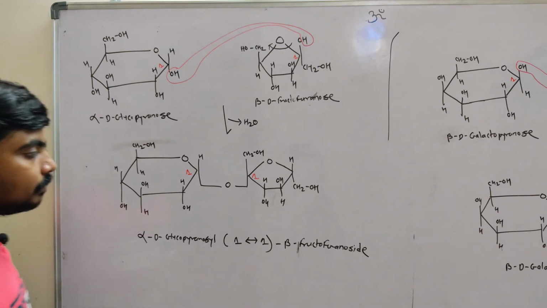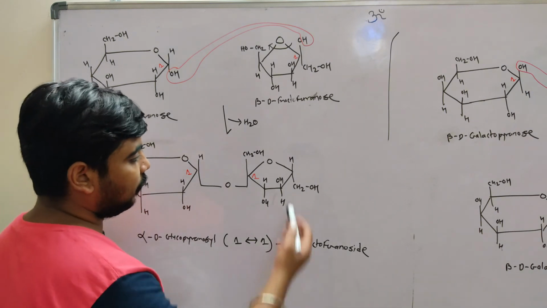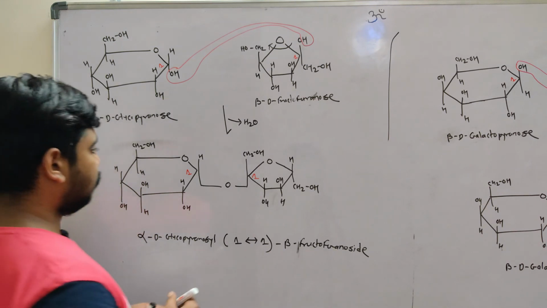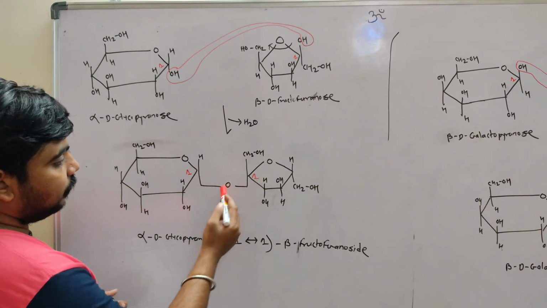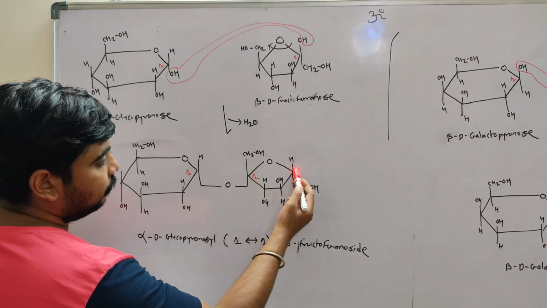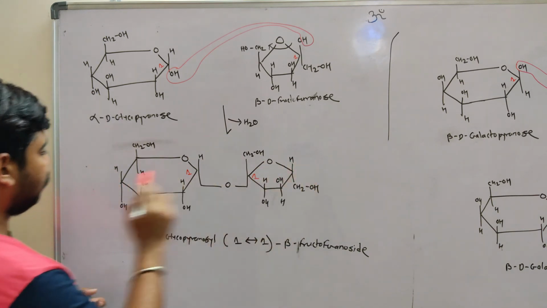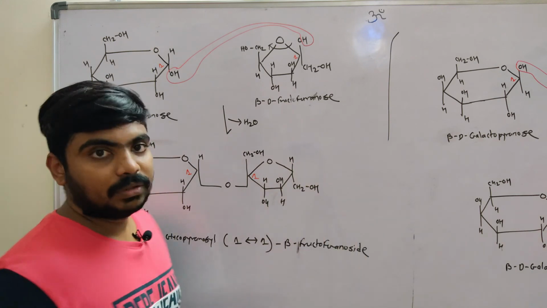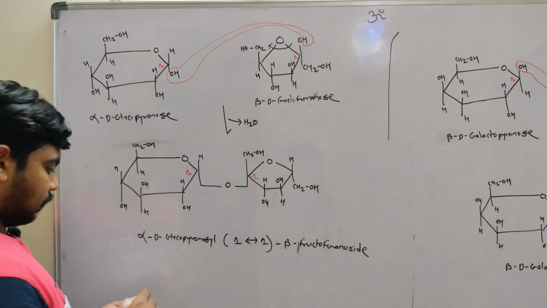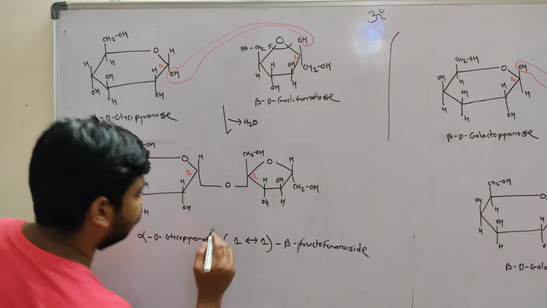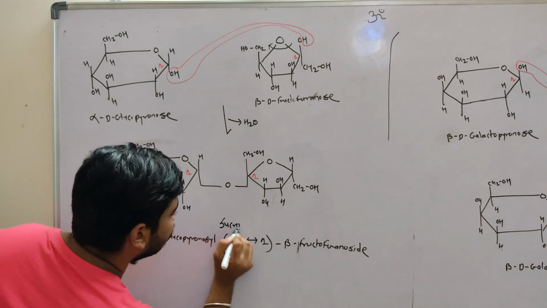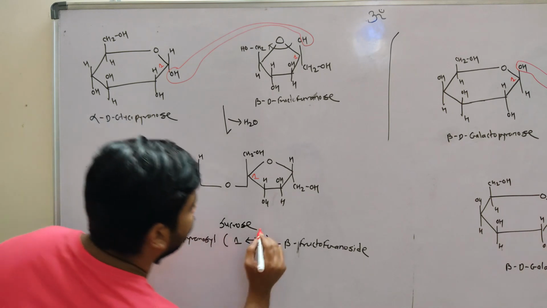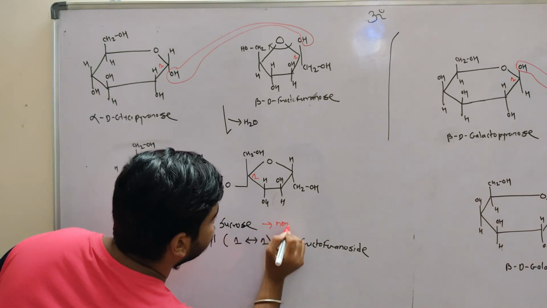It is named as a furanoside because it is a non-reducing sugar. Both the anomeric carbons are involved in the glycosidic bond, so on neither side is there any anomeric carbon left to form a glycosidic bond. So sucrose is a non-reducing sugar.